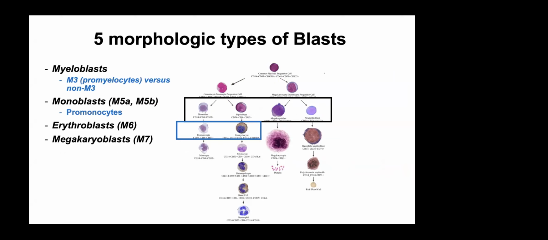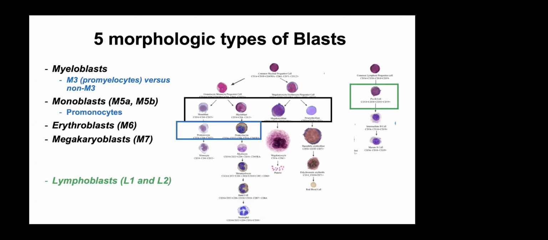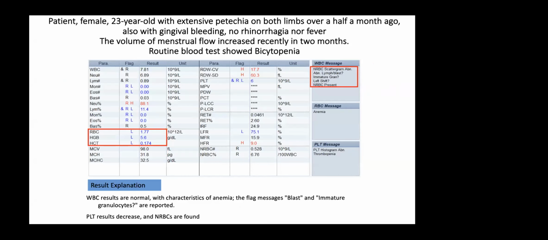As you can recall, there are 8 subtypes of AML, from M0 to M7. Now, from the common lymphoid progenitor cells, you will have your lymphoblasts. So let me present to you the cases.